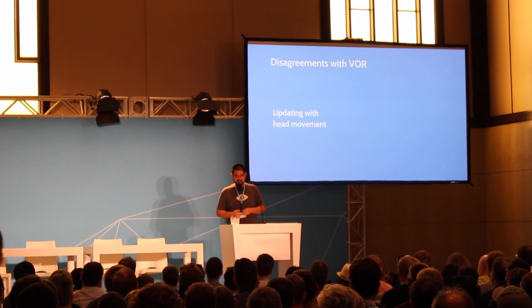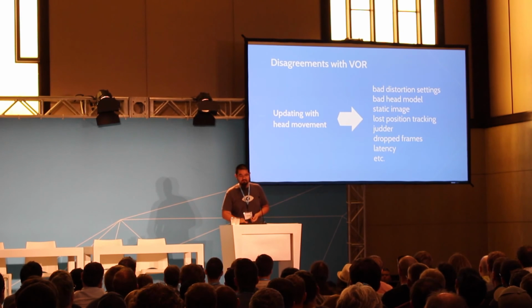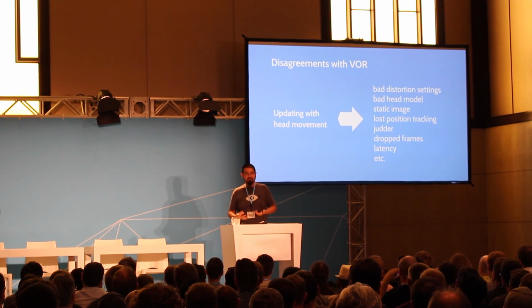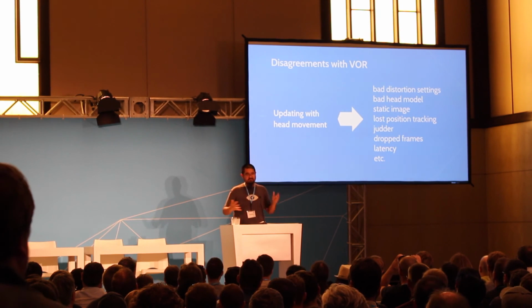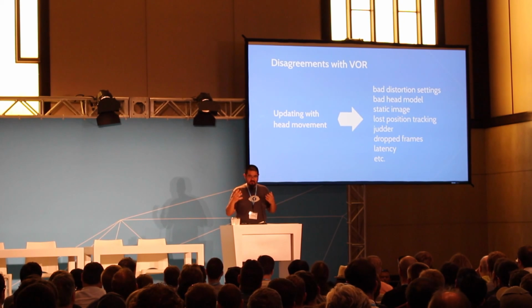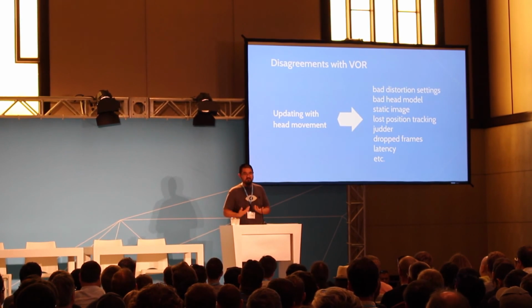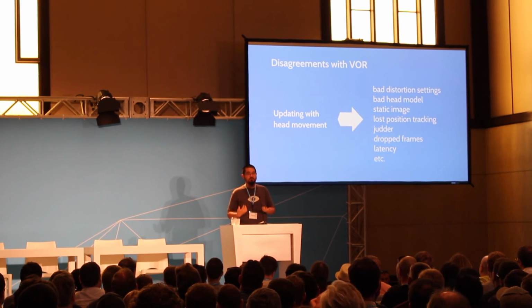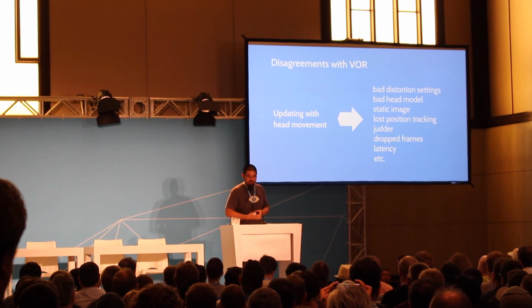So that's all well and good in theory, but there are lots of ways this can go wrong. If you have bad distortion settings, if you have bad head modeling, I'll leave you to read more about these in the documentation if you don't already know about them. But they can cause rendering updates to occur incorrectly. Things won't move the way they should move in response to your head movements, and that's going to create some unusual experiences.